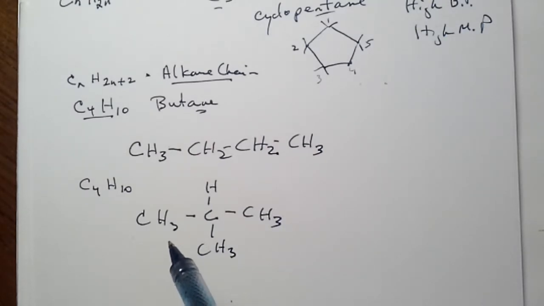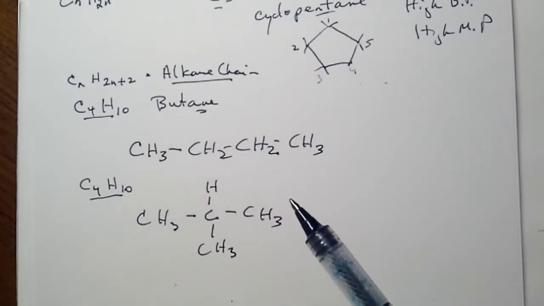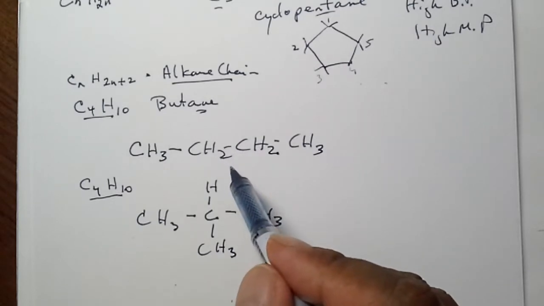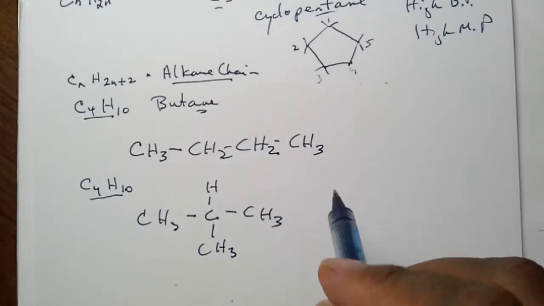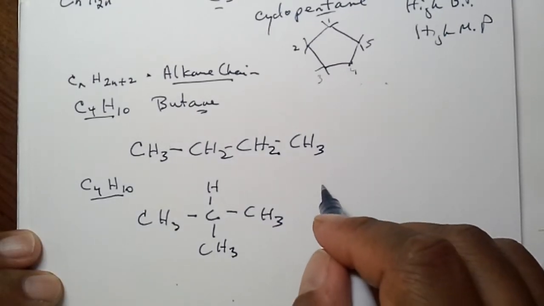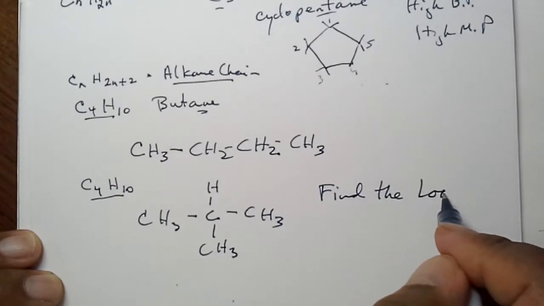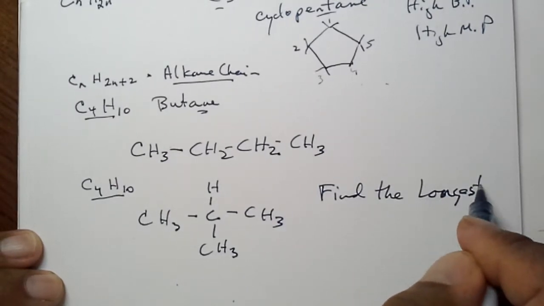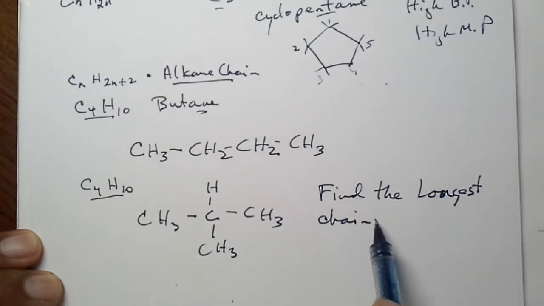Alright, so what happened? We have the same molecular formula, but we have a different structure. So are these the same compound? No, they're not. We have to find the longest chain to come up with the name.